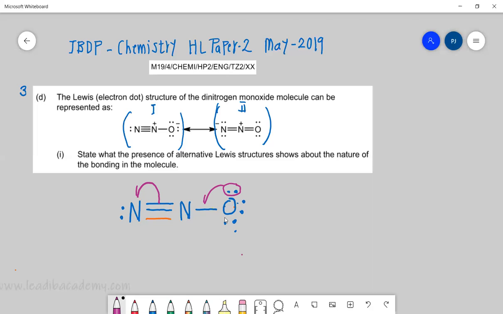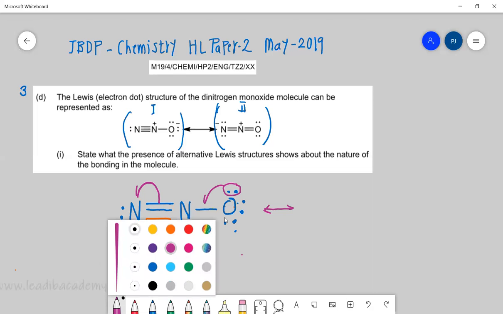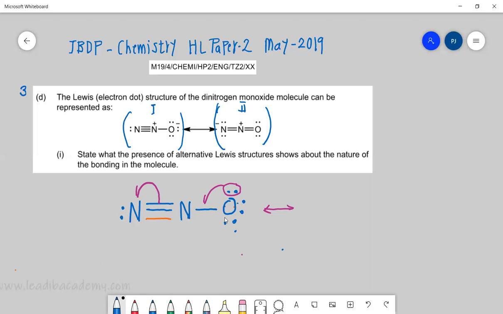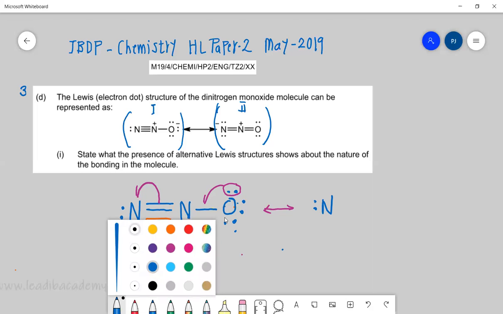So what is going to be the impact? Okay. So the impact is straightforward, that nitrogen has now got, because this is a pi bond, that means 2 electrons. So it has got now 2 extra electrons.